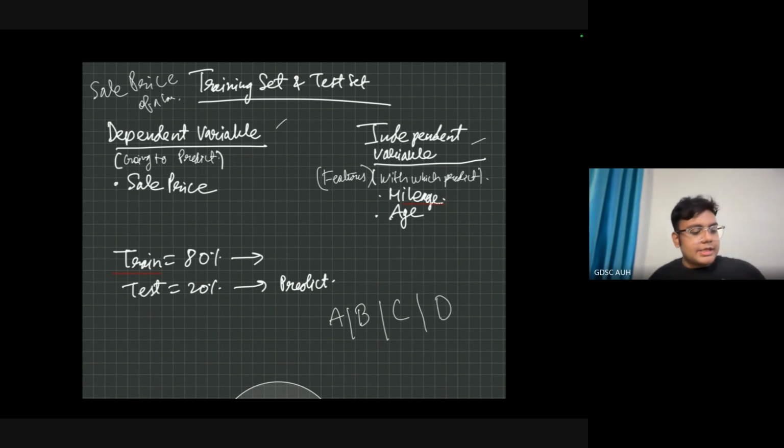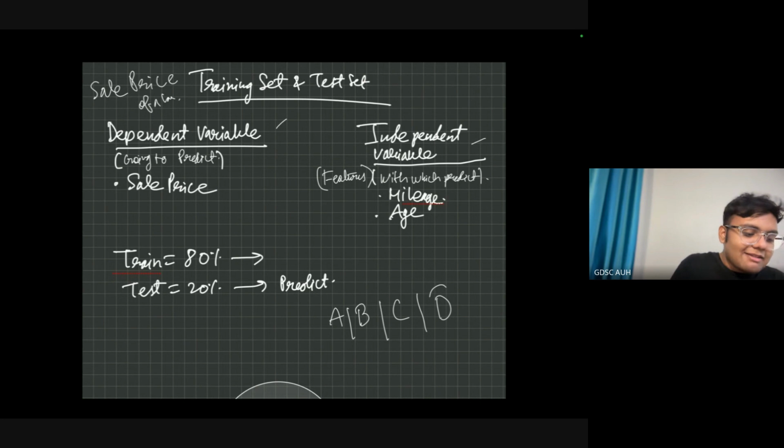So in any data, we're going to have two types of variables, a dependent variable and an independent variable. Sounds easy. Now, what is this? The dependent variable is something that we are going to predict.